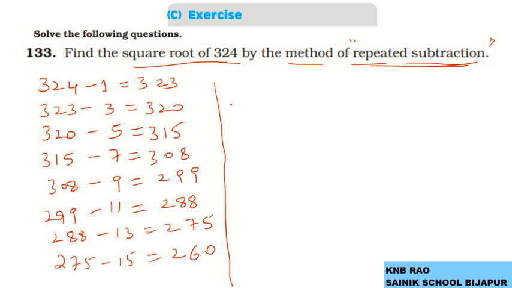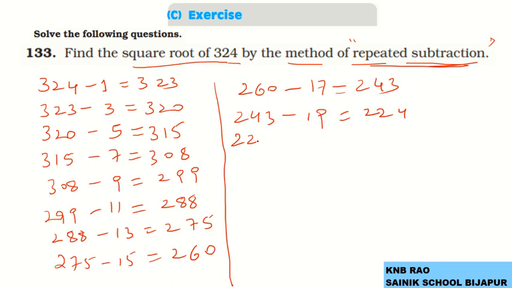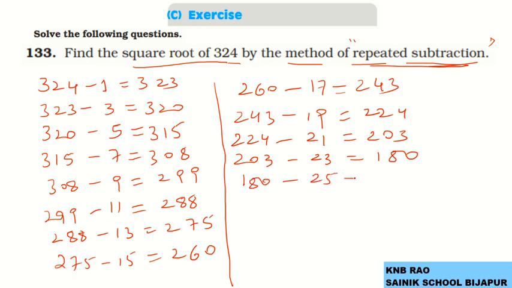Again continuing, from 260, 17 is subtracted, it results in 243. From 243, 19 is subtracted, it gives 224. From 224, 21 is subtracted, it gives 203. From 203, 23 is subtracted, it gives 180. From 180 you subtract 25, it gives 155.